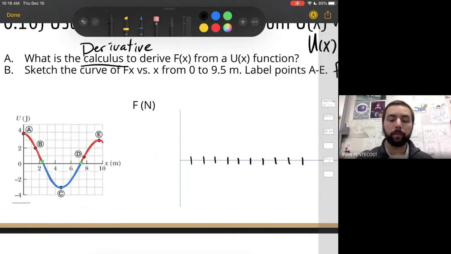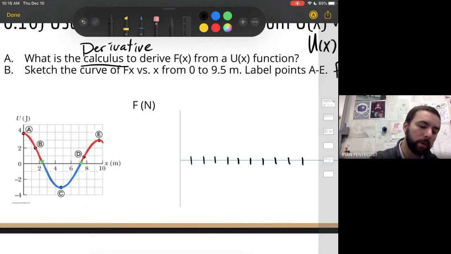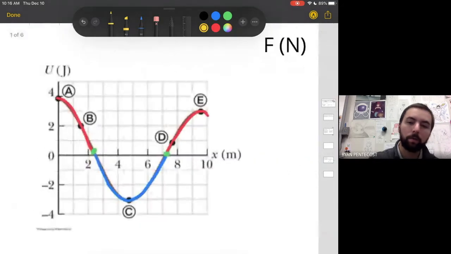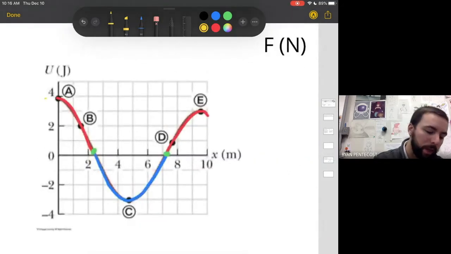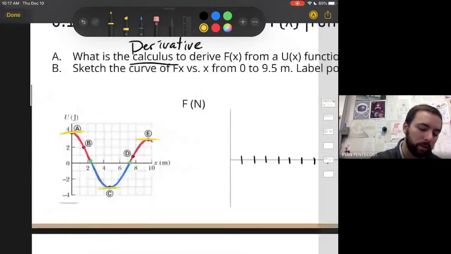Now, if you remember from math class, an inflection point, when you take the derivative of that point, that's actually going to show a sharp point on a derivative graph. But if we want to see where the slope is 0, we'll say that A is kind of at 0. It looks like it was very close to 0. C is at 0, and E also at 0.